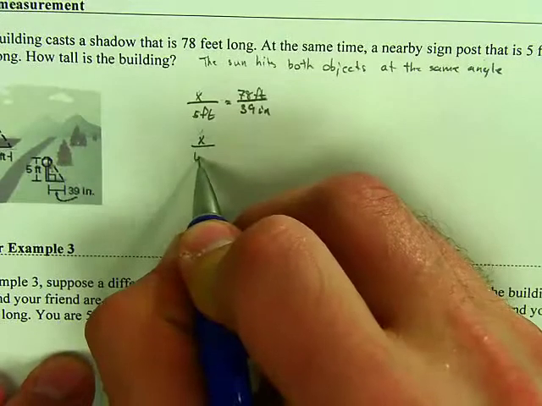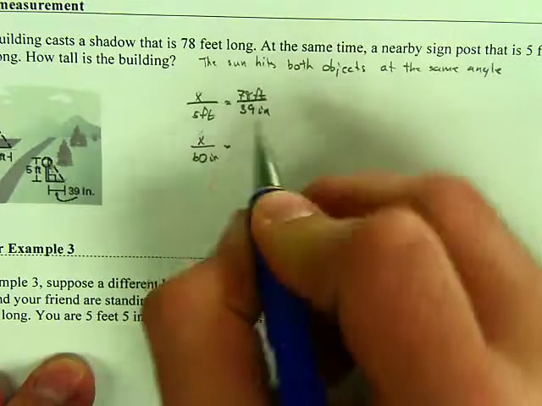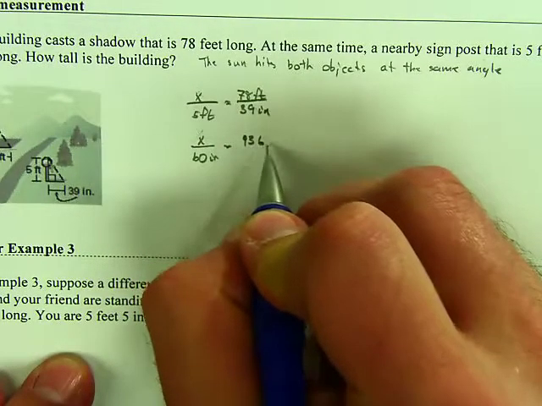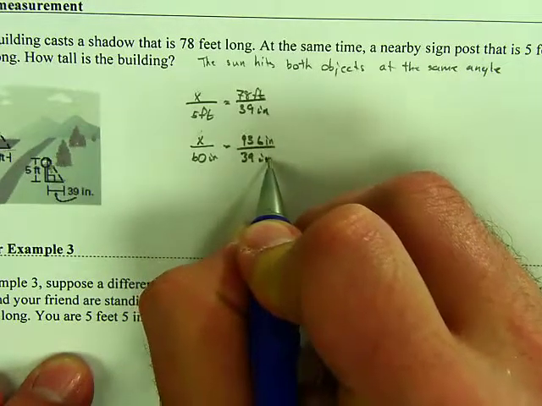So this is 60 inches equals 78 times 12, 936 inches, and then 39 inches is already in inches.